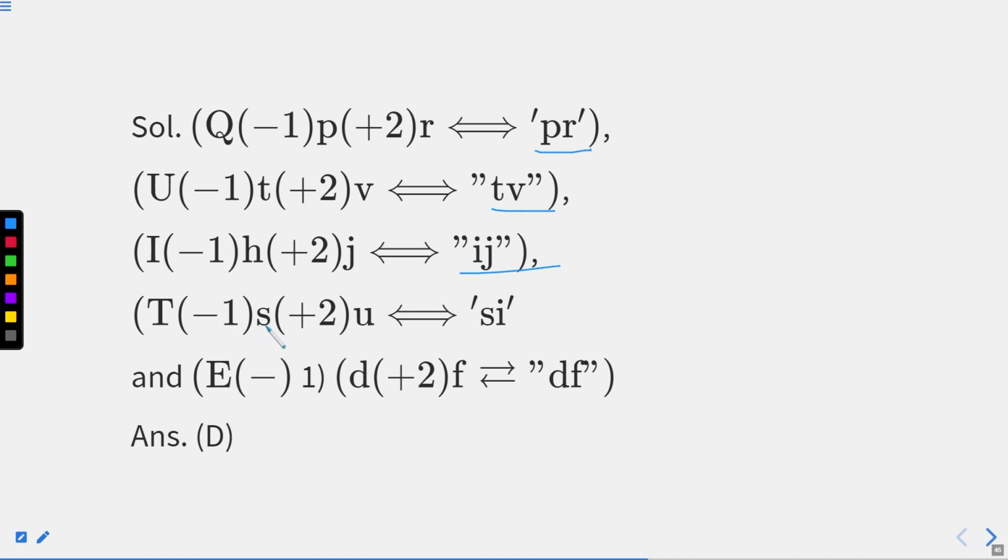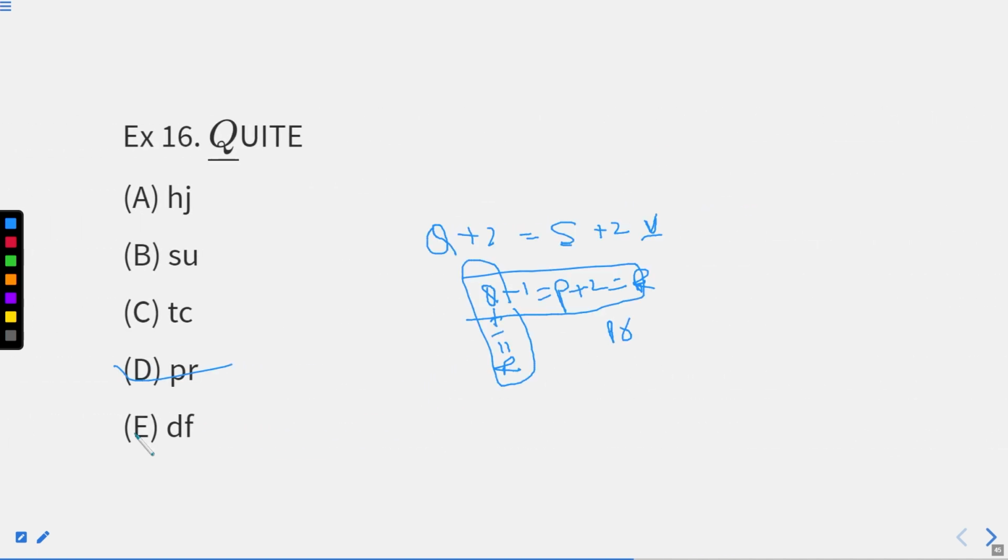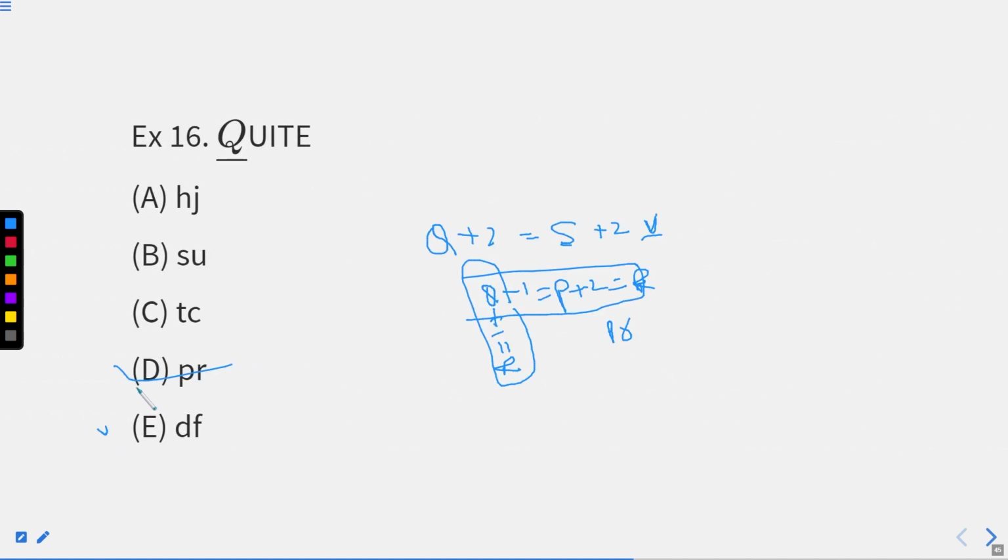T minus 1, S, and plus 2 is U. It is going to be SU, just correct it. Okay, it's going to be SU. Okay, E minus 1, that is D, and D plus 2 is F, so we are getting DF. So our answer is option D, that is PR. Here is option D. Okay, I have already marked it.